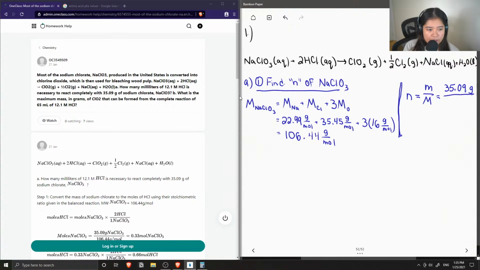And the molar mass is what we just calculated, 106.44 grams per mole. Now our grams will cancel out, and we're left with our units in moles, and you end up with 0.33 moles.